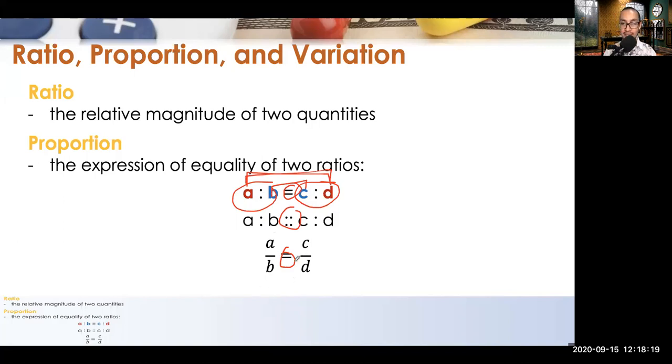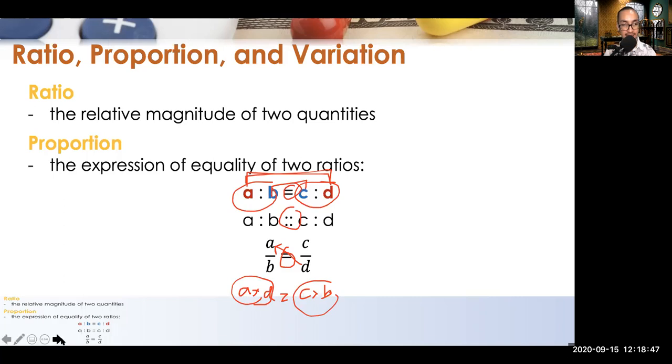Okay? So for example, if I multiply A by D, it should be the same as C times B, okay? Ayan, so the product of the extremes is always equal to the product of the means in a particular proportion.